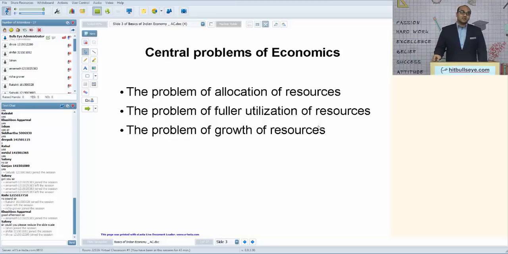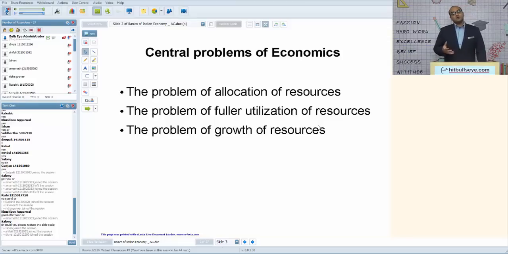They might be natural resources, of course, precious metals, coal, natural gas, etc. And also, very importantly, human resources. The second major concern of economics is the problem of fuller utilization of resources. So what we are really targeting is efficient and the best use of scarce resources that we already have.